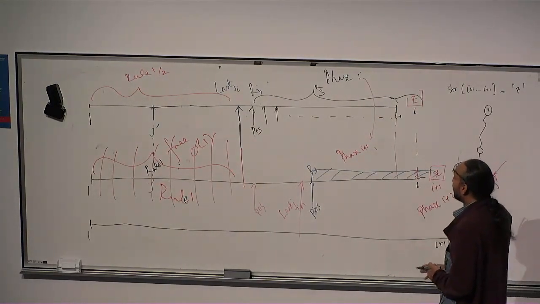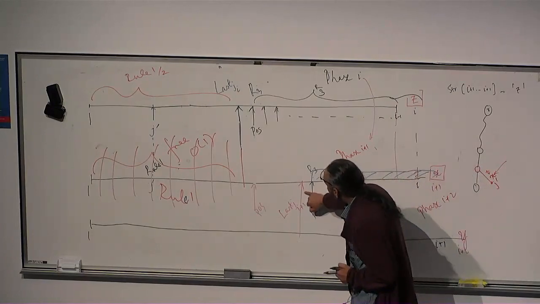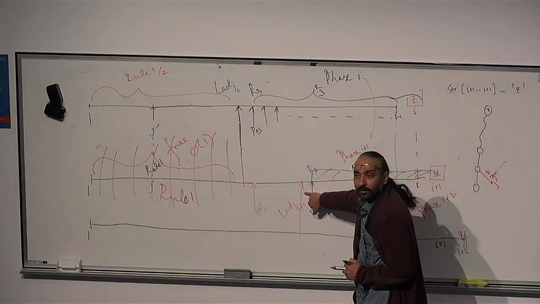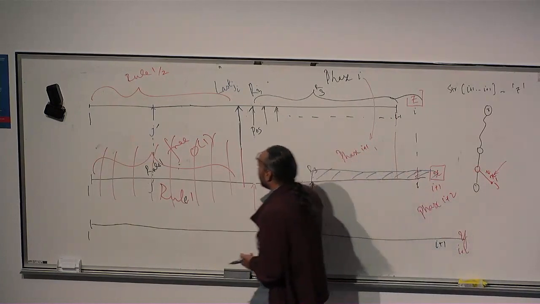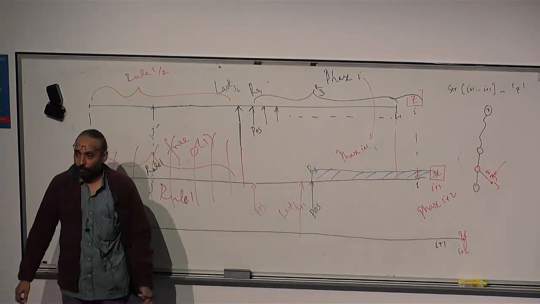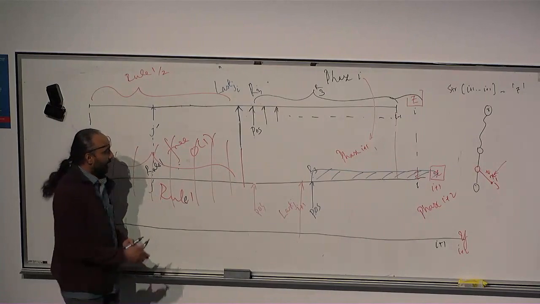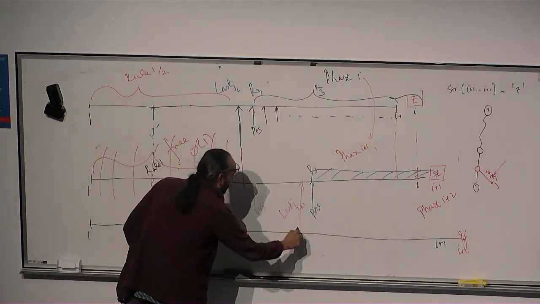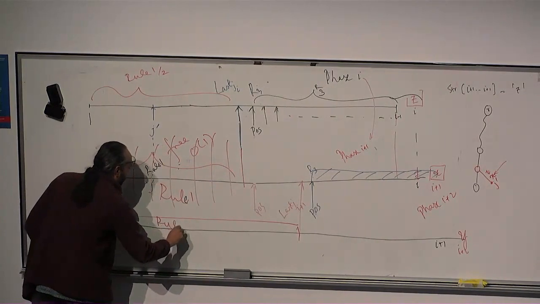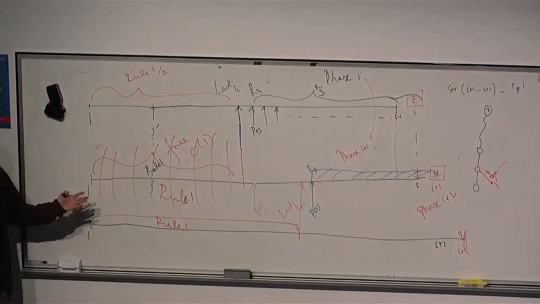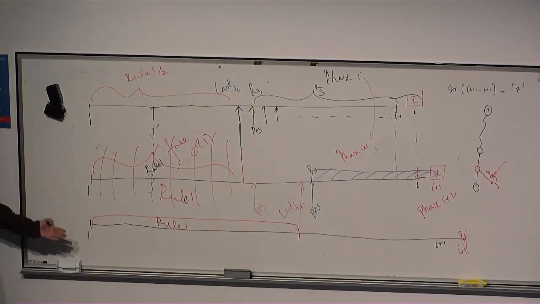So this was the last J of phase I plus 1. That means that everything before it was either rule 1 or rule 2, which means that in the next phase, all this part would be rule 1, because once it's rule 1 or rule 2 in the previous phase, it's going to be rule 1 in the next phase.